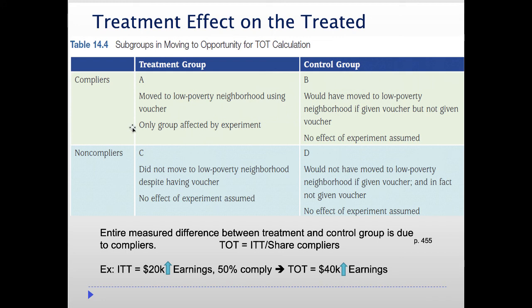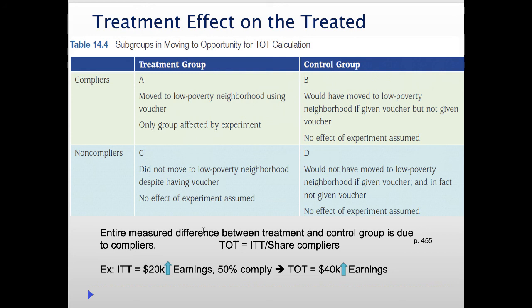This complier group in the treatment group, we're assuming that they are the only group affected by the experiment. We are assuming that these non-compliers, even though they said they'd participate and they gave the data and they got the vouchers and maybe they thought about using it, maybe they tried to use it, didn't work, they decided not to, we are assuming there is no effect of the experiment on them.